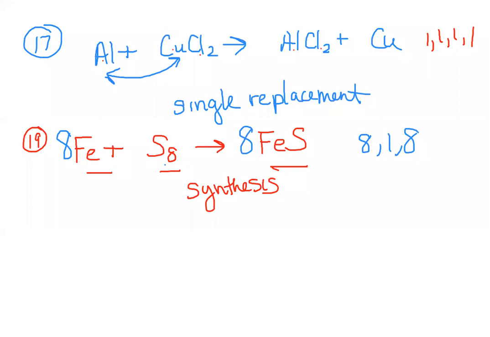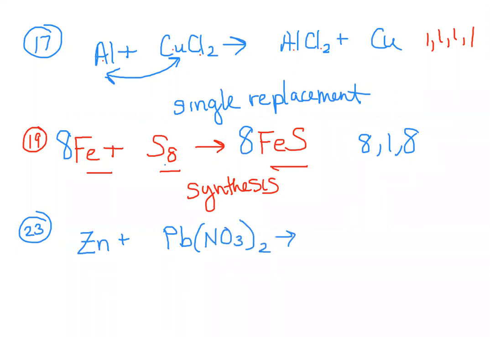Okay, 23 is different. It says complete and balance the equations for the following single replacement reactions and label it as cationic or anionic. You're going to decide if it's cationic or anionic depending on if there's metals or nonmetals that are going to switch places.